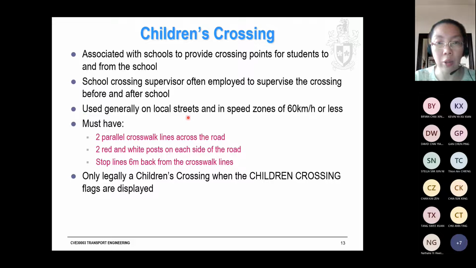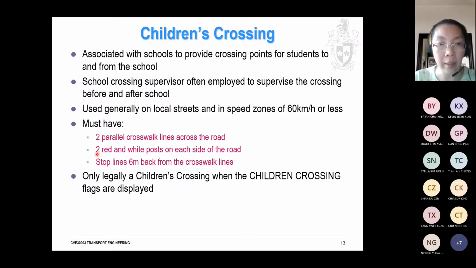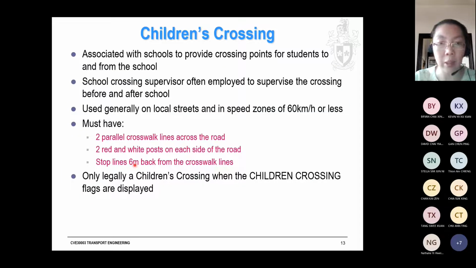It is used generally on local streets and in speed zones of 60 or less, and must have 2 parallel crosswalk lines across the road. If we look at this, there are 2 lines here across the road. You must also have 2 red and white posts on each side of the road, and stop lines 6 meters back from the crosswalk lines.